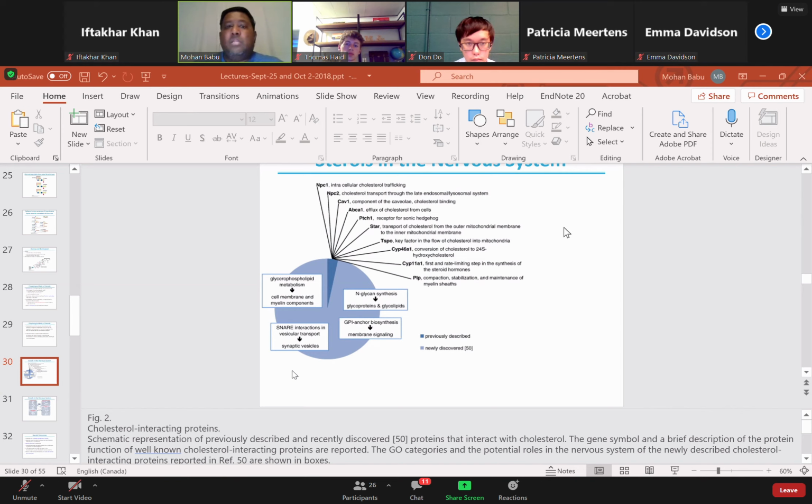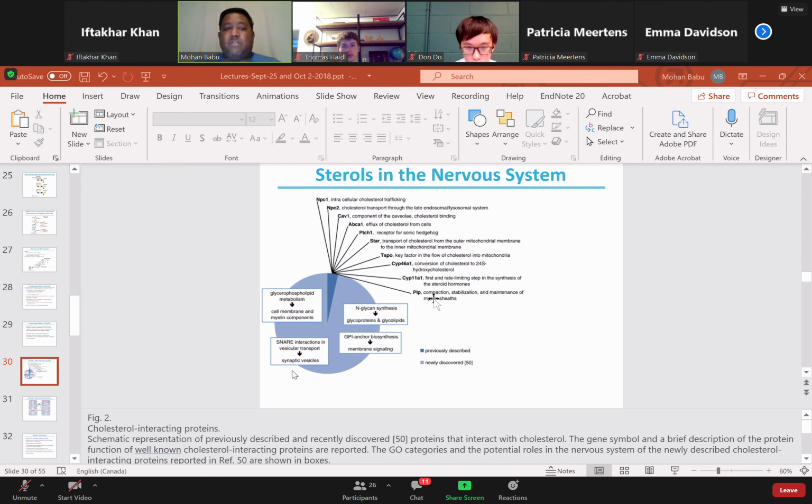Now here we explained some of these genes and their function. We talked about both categories, and about some of these new genes being discovered. Here is an example to show how transgenic mouse models can be used. You can see the gene names listed here: FASN, DHCR7, DHCR24, SQS.